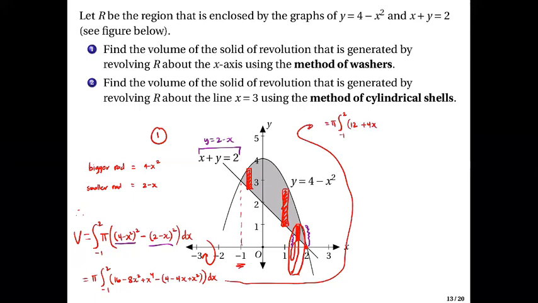Then we have minus 8x squared minus x squared, so we'll have minus 9x squared. And then we have the plus x to the 4, and still we have the dx. So again, we just simplified this expression. We distribute the negatives and then we combine them with the ones in here and the constant.